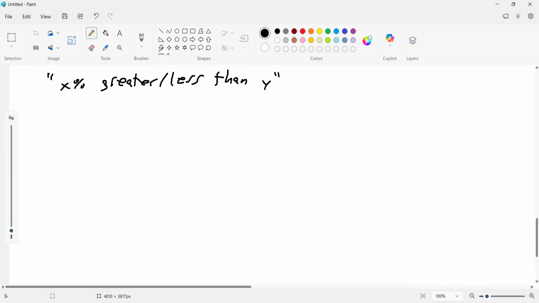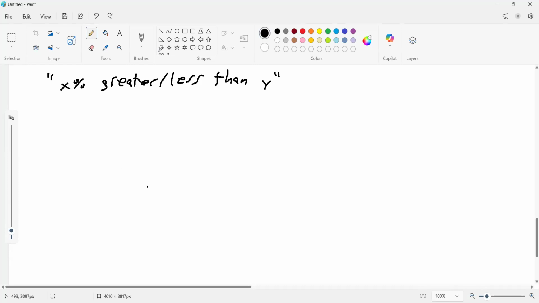Okay. Well, fun fact, this is actually exactly the same thing as the whole increased by, because really I'm just now wording it differently. I'm taking that percentage either more or less, so increasing or decreasing from a certain number. So we don't have to do anything different. We would just need to interpret this in its own individual context.